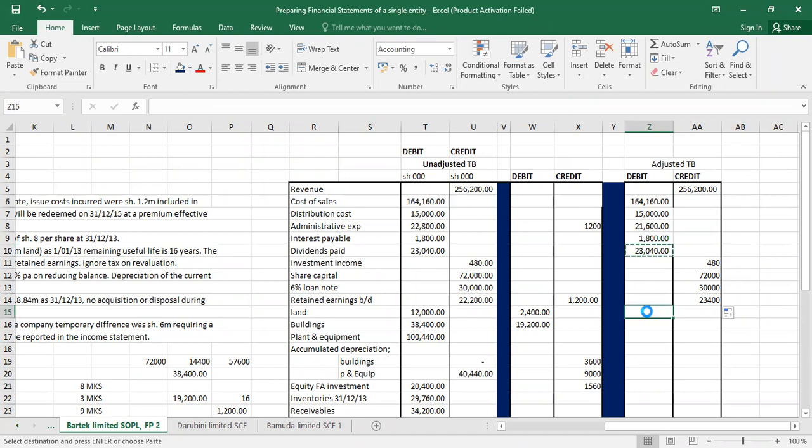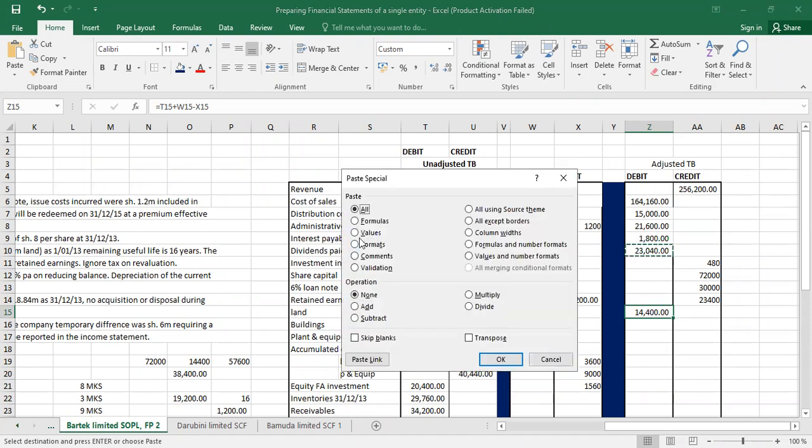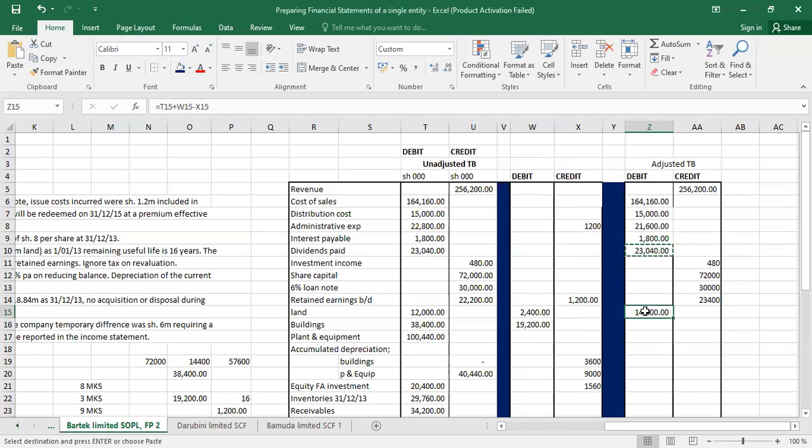Like here, Control V, it will take the formula, isn't it? Because if I do Control Alt V, the priority is this way. The formulas have a higher priority than the values or the format. So if I just copy direct, it will take the formula, isn't it? And when I click on this cell, you can see that it is what is on the debit plus what is on the debit minus what's on the credit, isn't it?